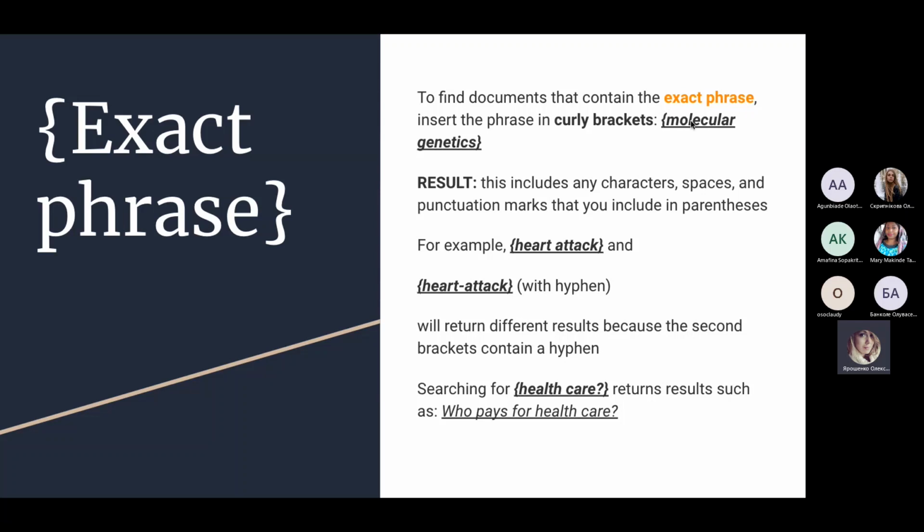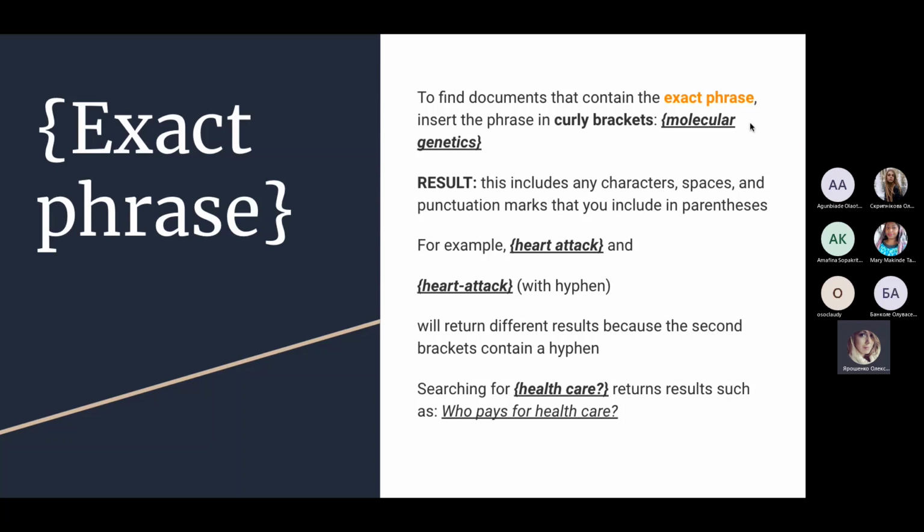curly brackets. It can be tricky because if we have made a mistake and we have taken the word, for example, molecular, but we have spelled it with a mistake, and we have taken it in curly brackets, the Scopus search will give us no results, because curly brackets in Scopus are considered to be something that we defined as true.